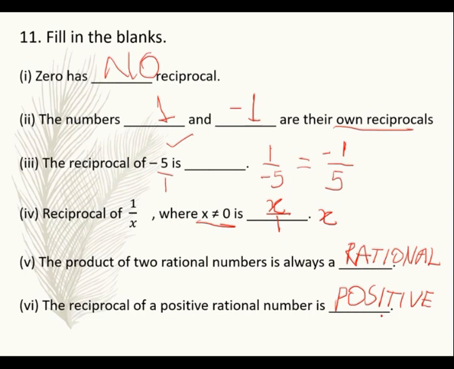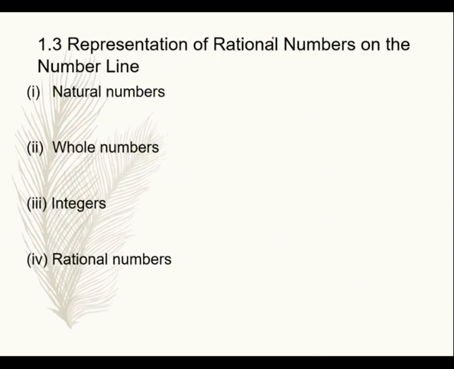Now look into the continuation of this chapter, that is, representation of a rational number on a number line. See children, the representation of rational numbers on a number line involves natural numbers, whole numbers, integers, and rational numbers.